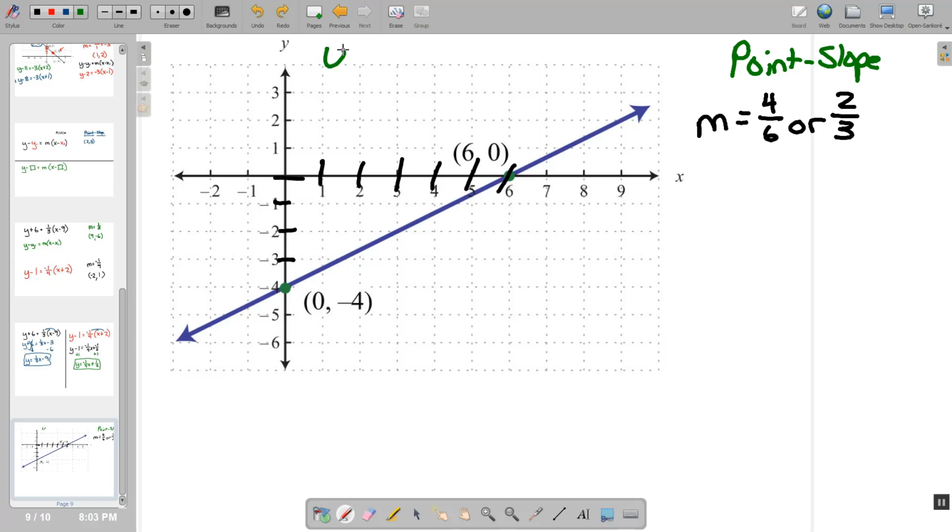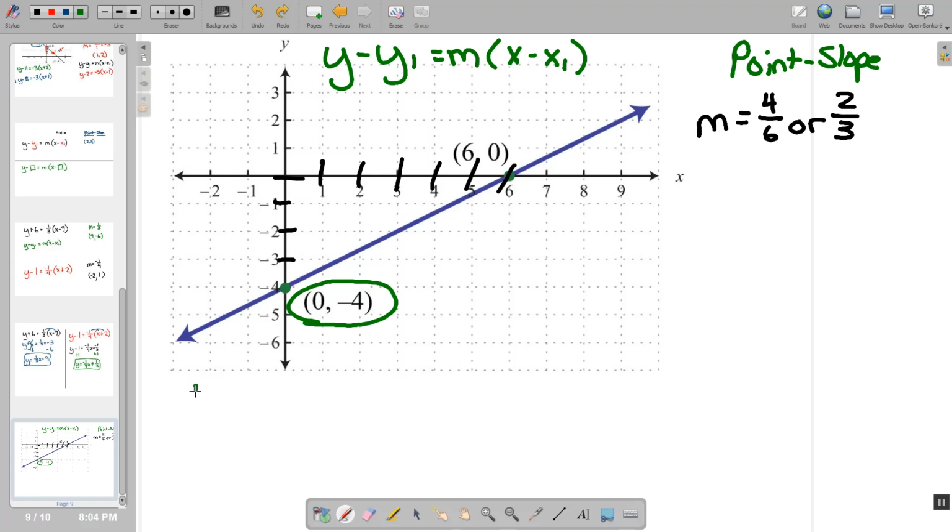As a reminder, point-slope form is written in this form. Probably getting a little sick of seeing this form here. And I'm going to be filling in the x1 and the y1 with the ordered pair we're working with. In green, I'm going to write using this point. And as a reminder, you can use either point for point-slope form.